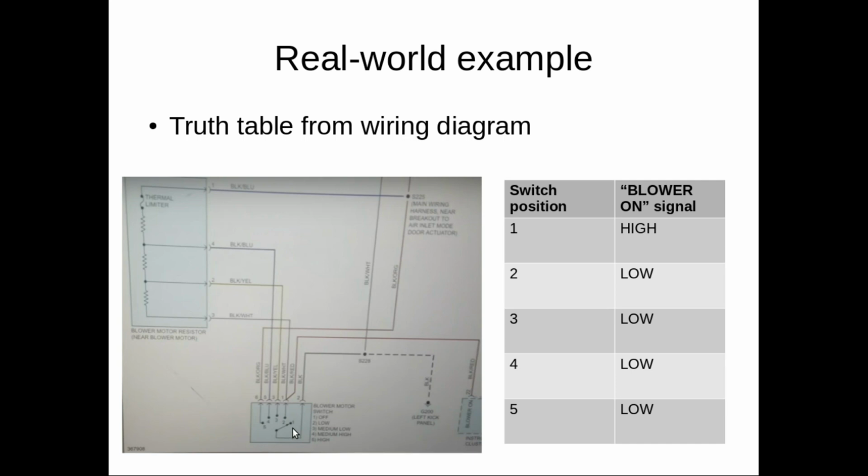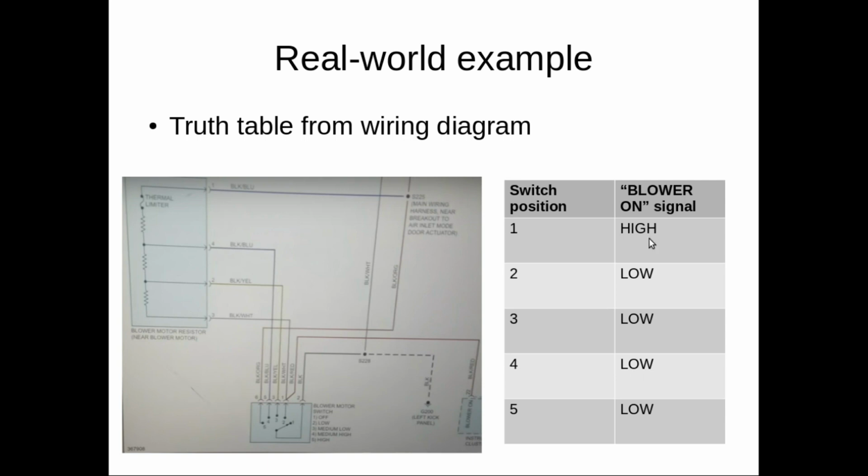So if the switch is in position 1 and it's not connected to anywhere, then the voltage coming from the motor is going to go through the resistor array, then comes here and all the way to the terminal of interest, and so we will have high voltage in this terminal.